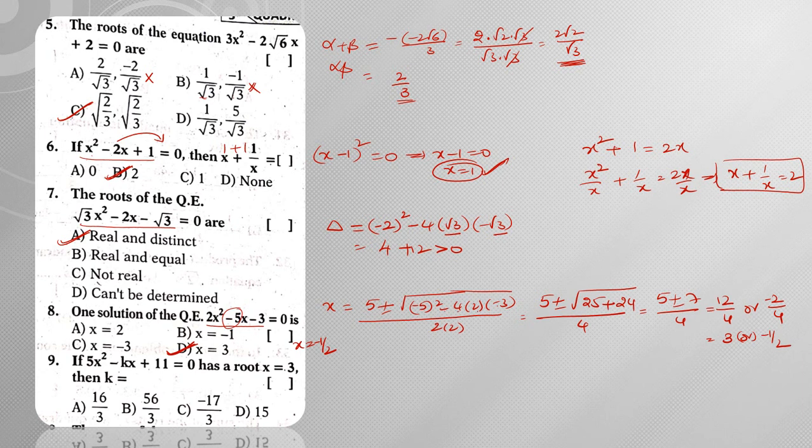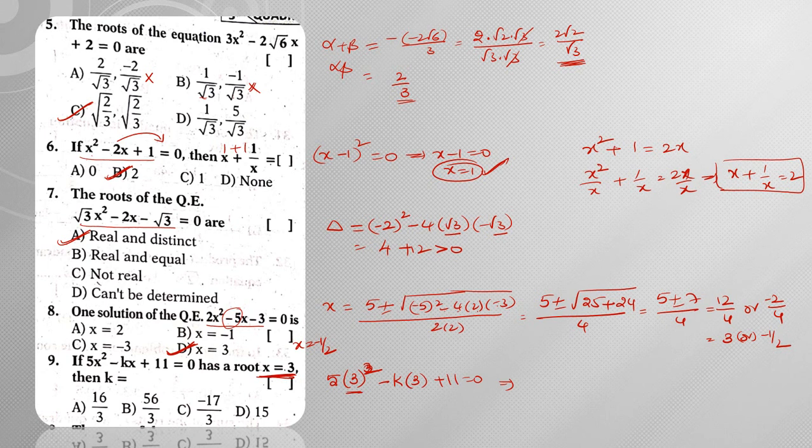Next, 5x square minus kx plus 11 is equal to 0 has a root at x is equal to 3. So if x is equal to 3 is a root, that means the quadratic equation should satisfy f of 3. That means what I can do, 5 into 3 square minus k into 3 plus 11 is equal to 0.